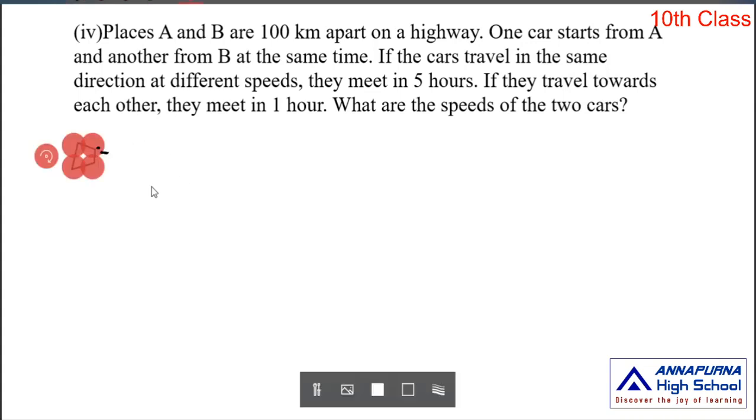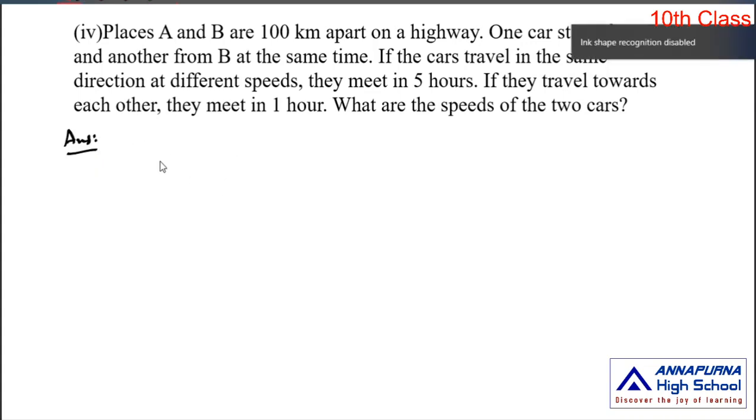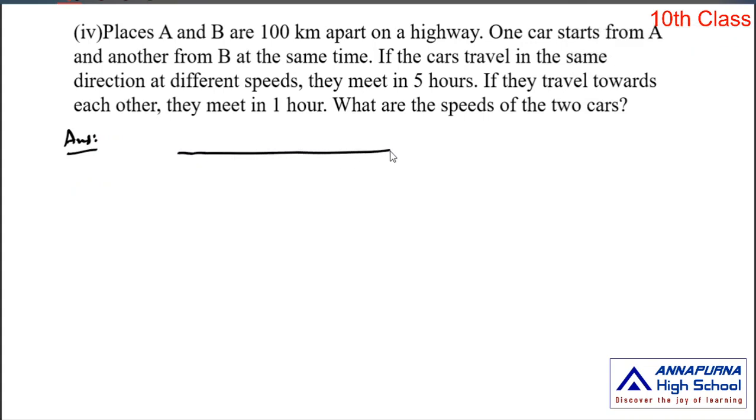Places A and B are 100 kilometers apart on a highway. So here we take one highway. This is the highway. In this highway we choose two places A and B. So the distance between these two places is 100 kilometers. And one car starts from A and another from B at the same time.